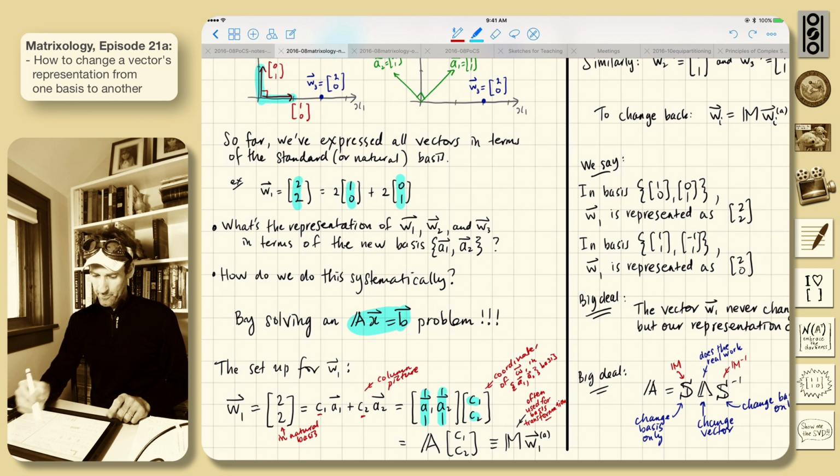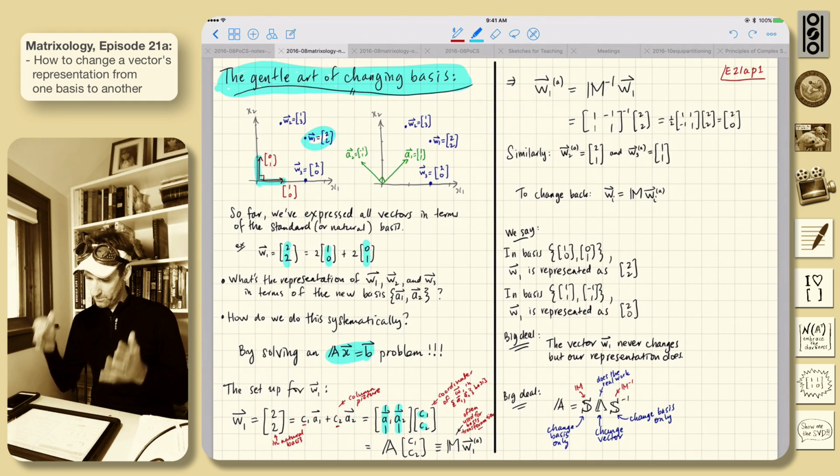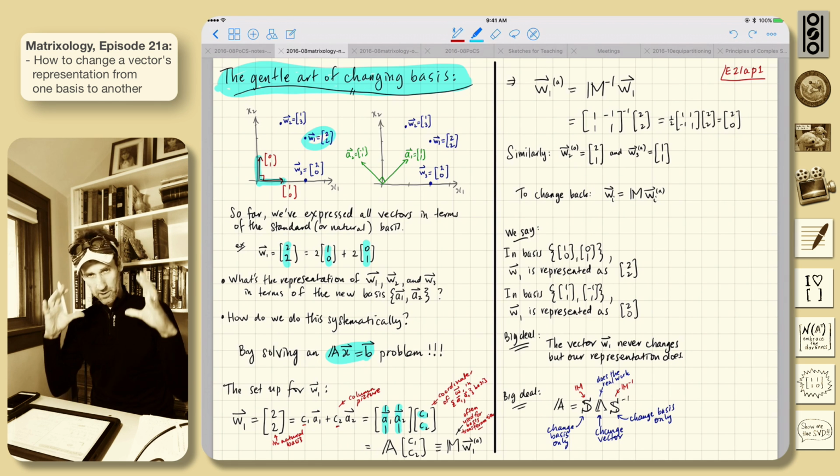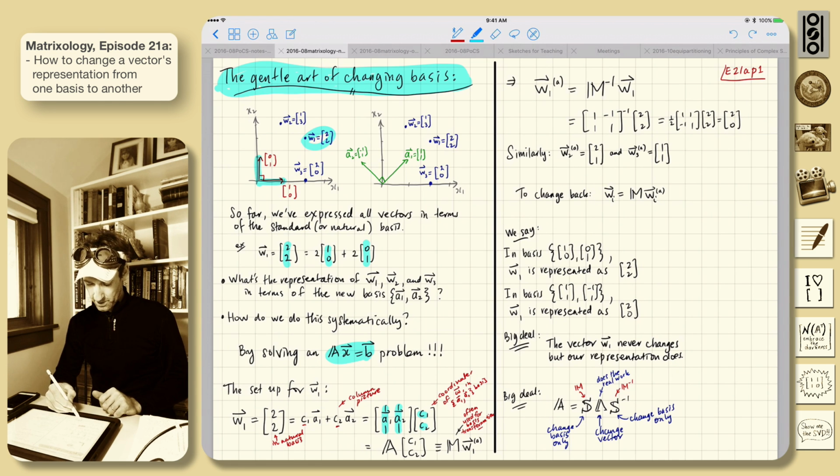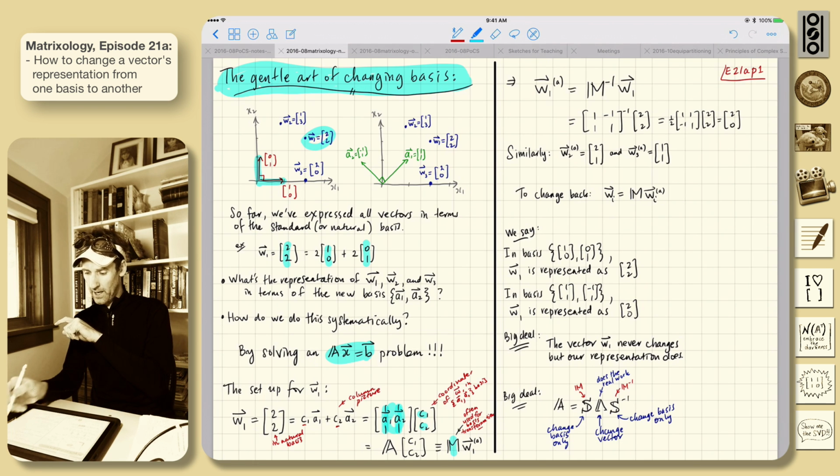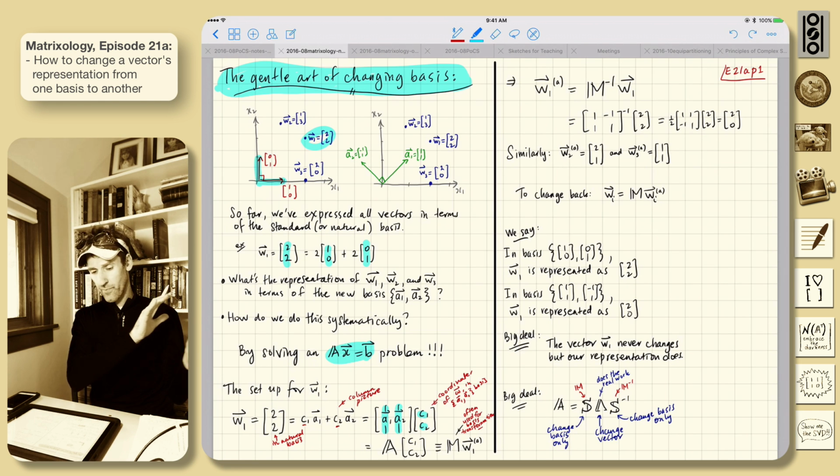So we have W1 in the normal basis, and W1 in the A basis. Same point, but they're both 2 by 1 vectors. So if we have this transformation, it's very simple. We just stack these two vectors together to make a matrix, that actually takes us, this is a bit weird, from the representation in this new basis back to the standard basis.